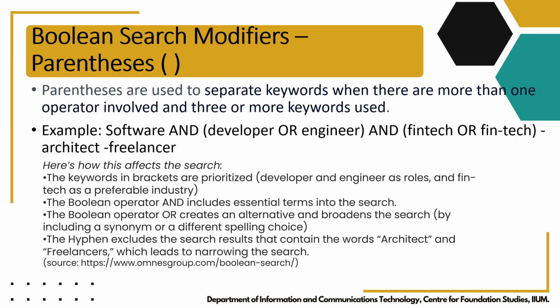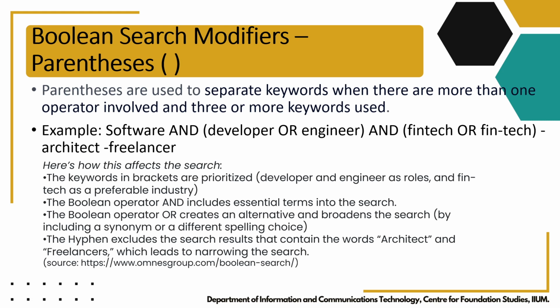Okay, so parentheses as a Boolean search modifier are used to group related terms together and control the logical relationship between them in a search query. So actually this helps to clarify the order of operations and to ensure that the search engine understands your intended logic.